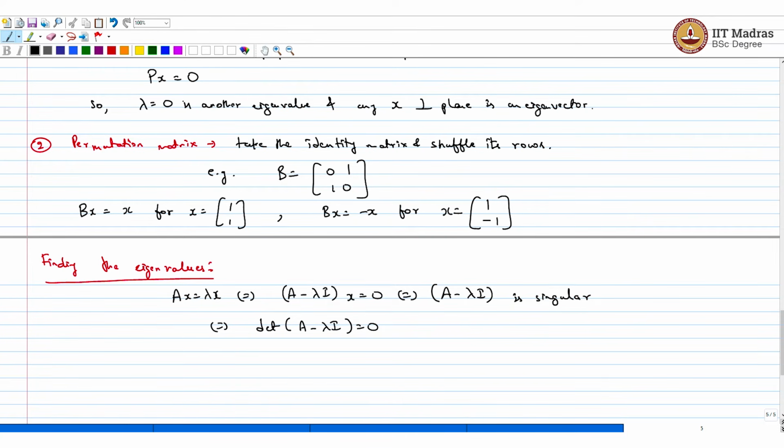This equation is called the characteristic polynomial of matrix A.